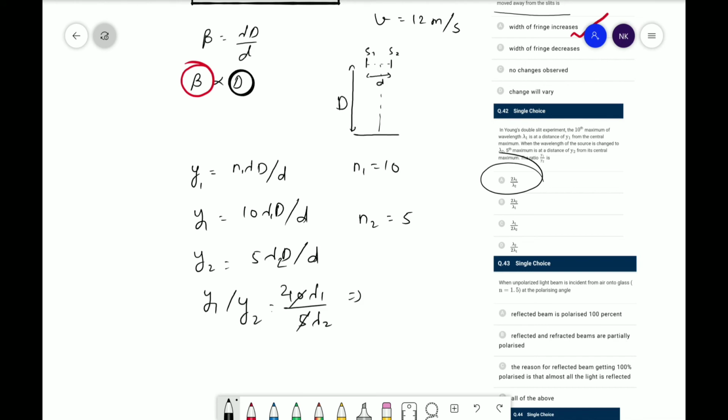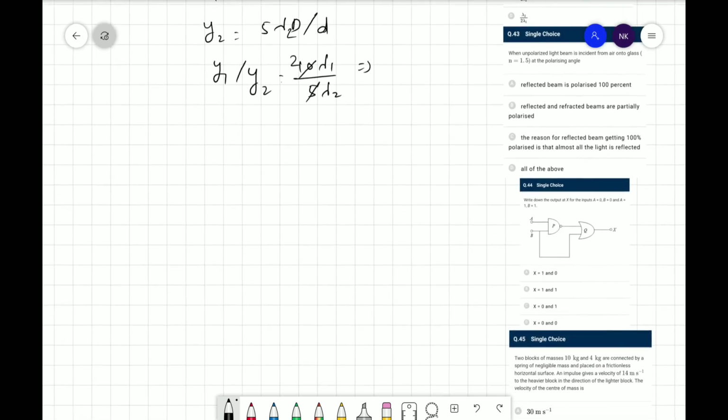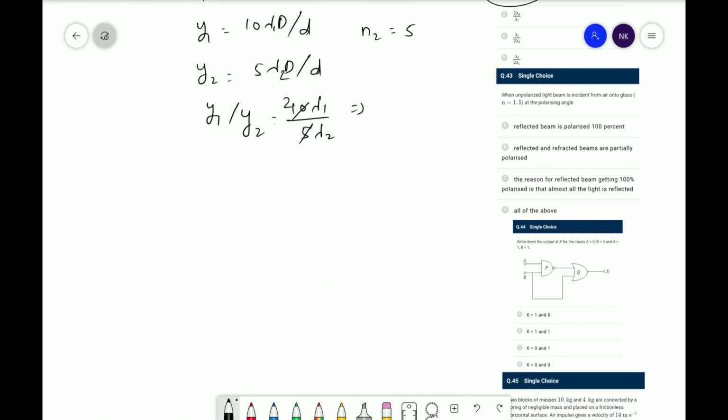What do we have in the next question? When a polarized light beam is incident from air onto glass at the polarizing angle, what is happening here? Suppose there is a glass and unpolarized light is coming, which means the direction of the electric field can be any direction.